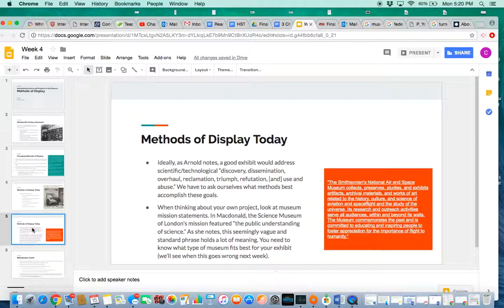But it is useful to think about the Air and Space Museum. Why did it come into being? What were they intending to do with this institution, and in what ways does the exhibit that we'll look at next week not line up with those things? It's a good starting point for the methods we're looking at: when you would use certain types of exhibits with certain types of institutions and how that would work for your own project.